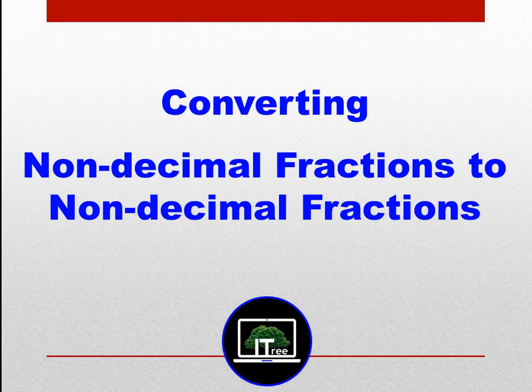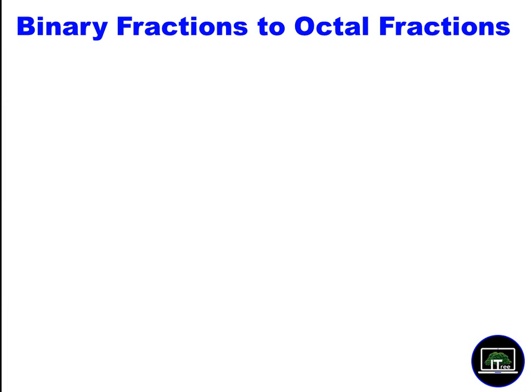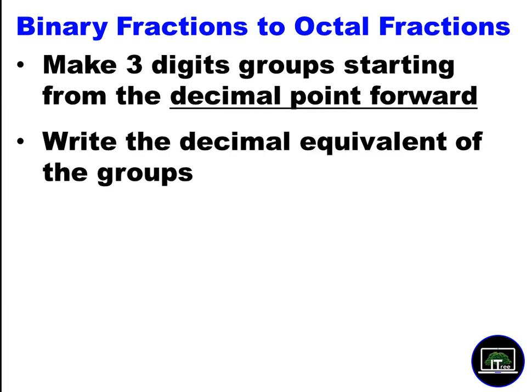Now we are going to convert non-decimal fractional part to the non-decimal fractional parts. We'll take one more. How do you do that? So now, if you are converting from binary fraction to octal fraction, as you did in the whole part, you make the 3 digits group. But remember you start at the decimal point and go to the right side.